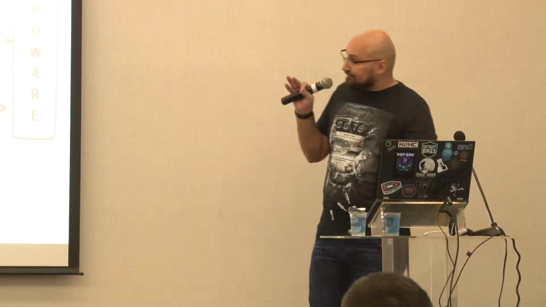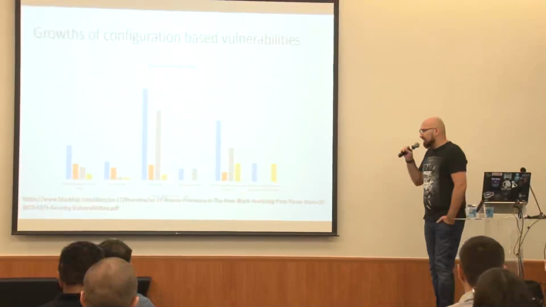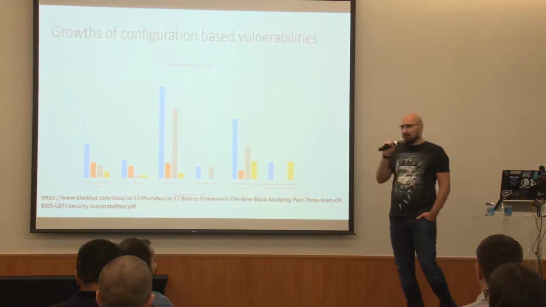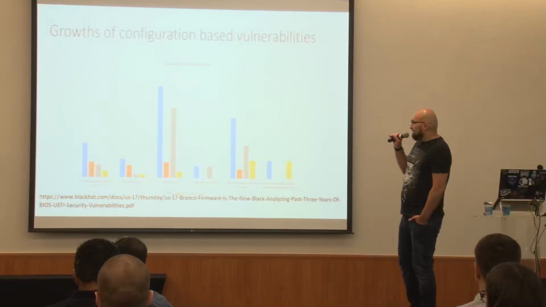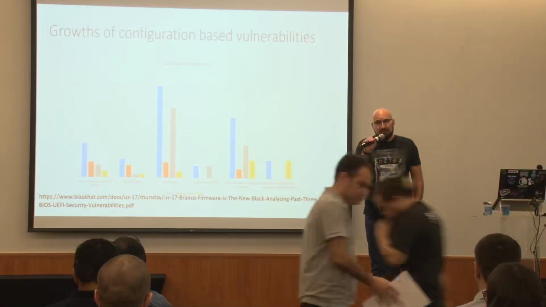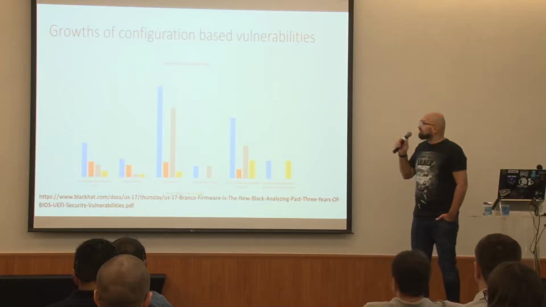And modern rootkits move closer to hardware. If we look at this picture, it's copied from the Black Hat presentation this year by Rodrigo Branco and Vincent Zimmer, where they disclosed some vulnerabilities that were processed by Intel PSIRT.